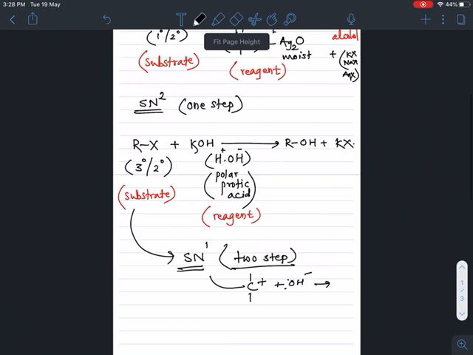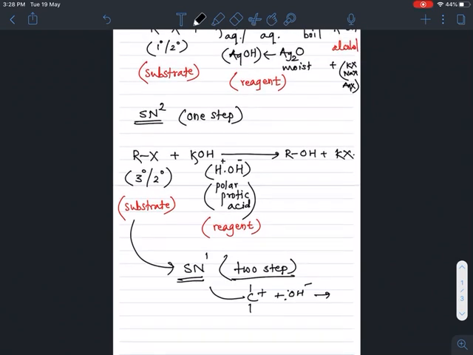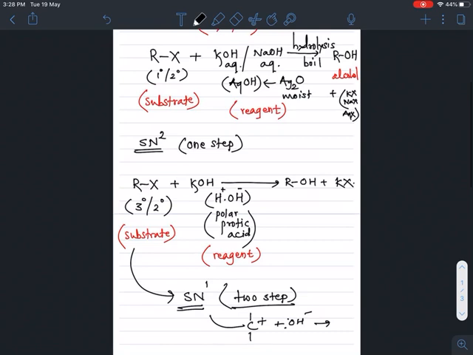Now if it is secondary, you observe here that in the SN2 reaction a secondary alkyl halide is there, as well as in the SN1 mechanism.